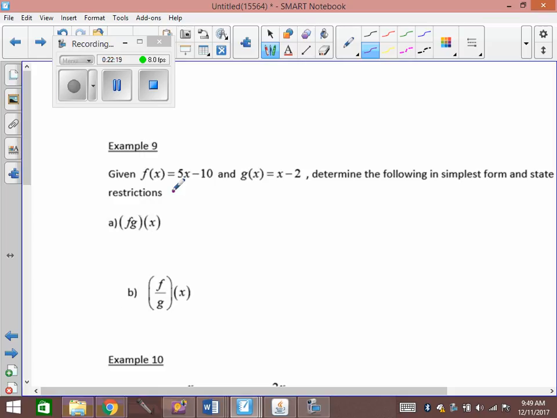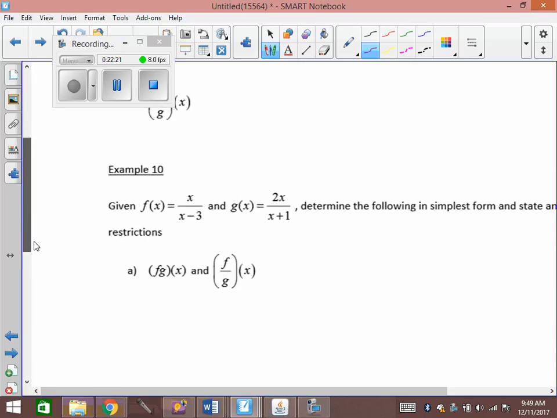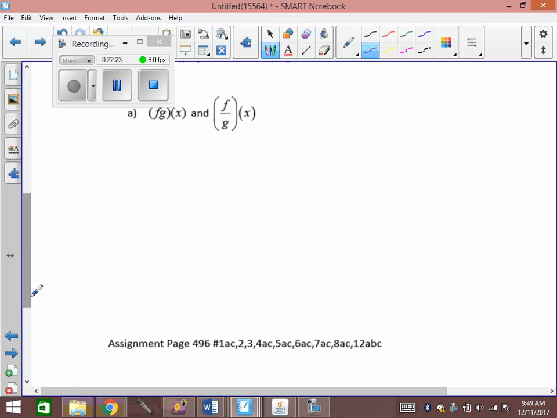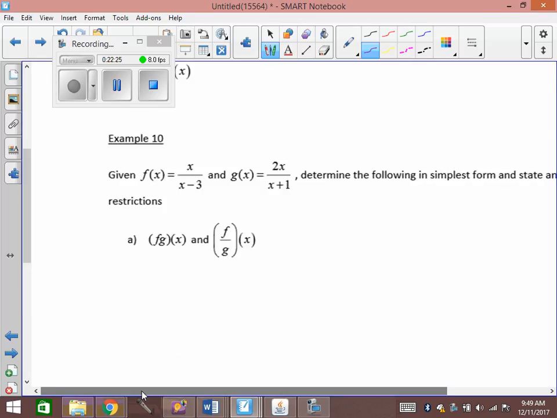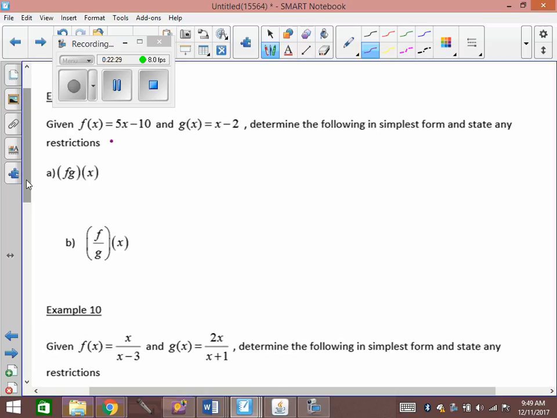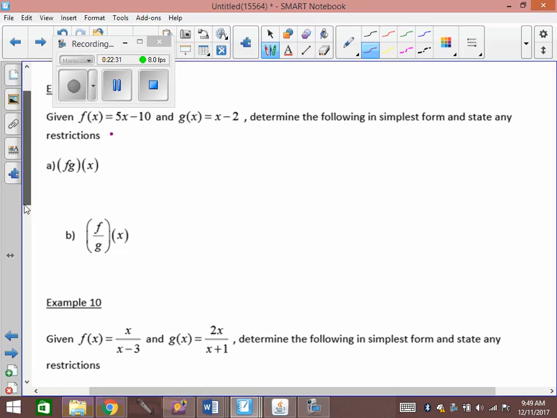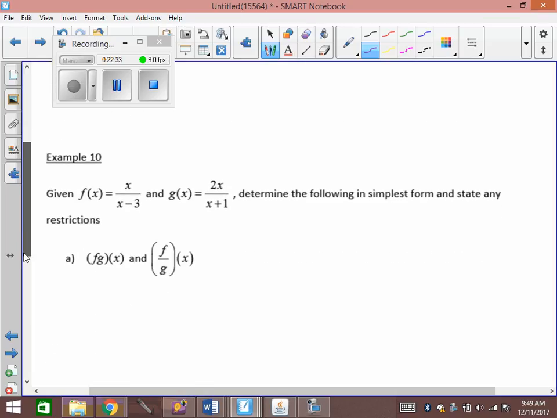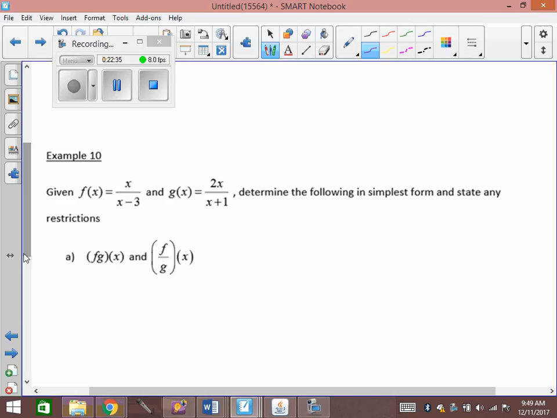And then I want the one where I give you h of x. So in your textbook, there's a question where I give you h of x and one of the other ones.